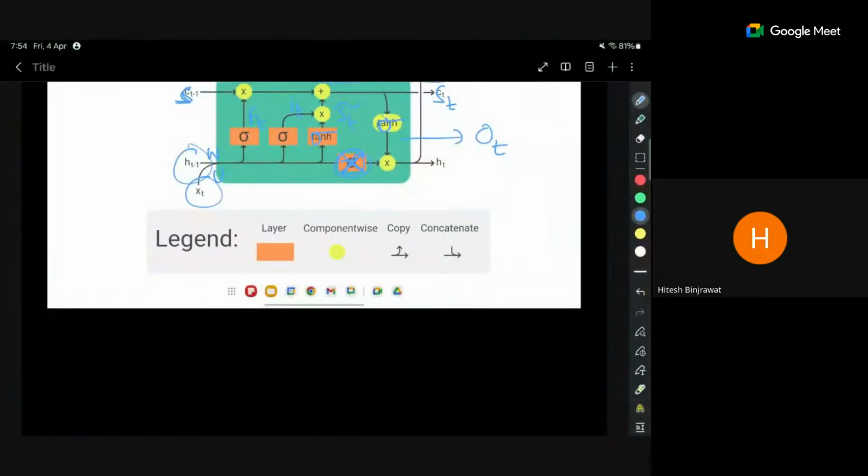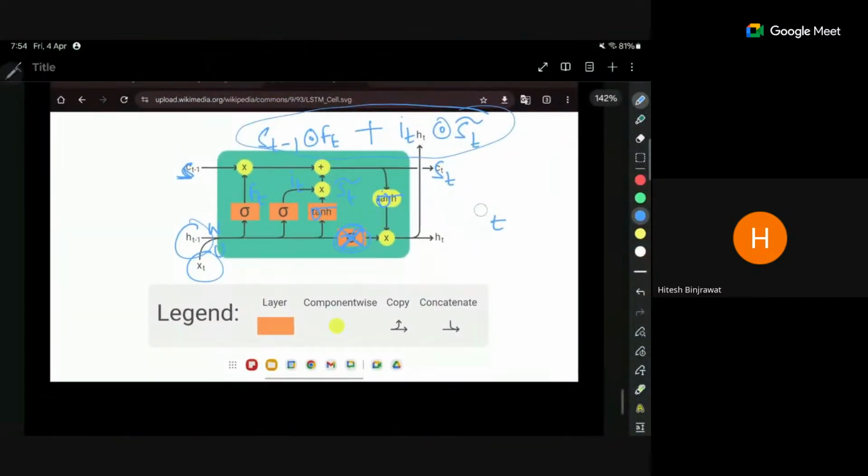Yeah, actually, not this one, but whatever has been produced here is OT, and sigmoid of this summation, right? Okay, I get it. Sorry.